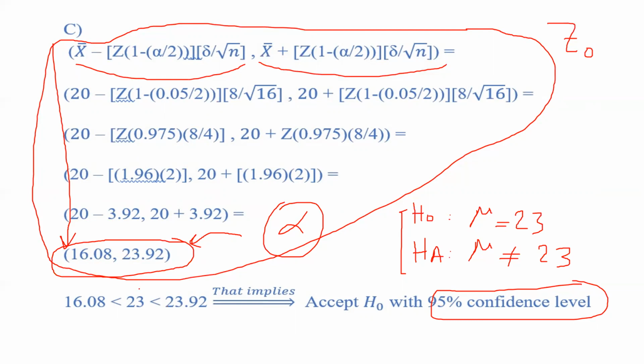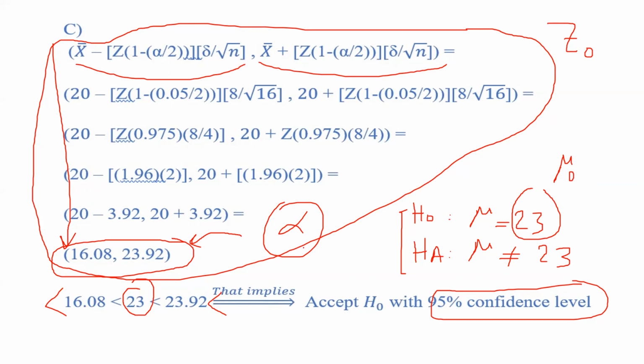Then check whether 23 falls between these two values or not. If this is the case, then you don't have enough evidence to reject the null hypothesis. But if mu0 is less than this one or more than this one, then you should reject H0 with 95% confidence level.